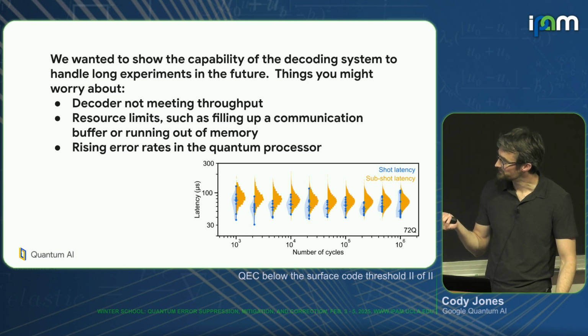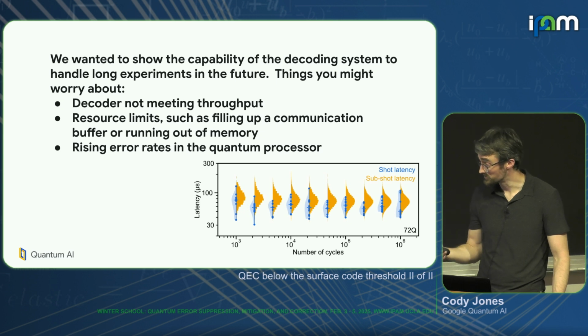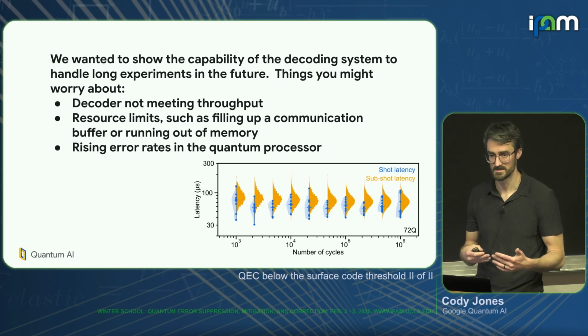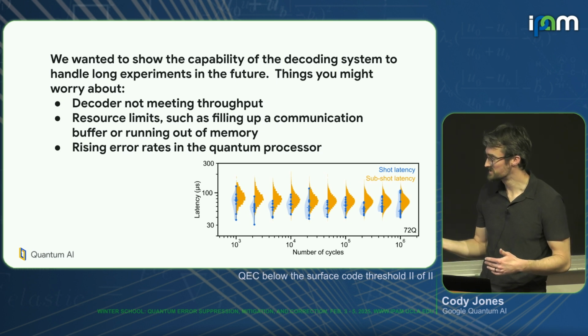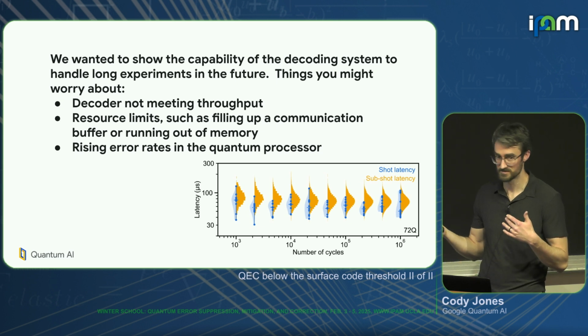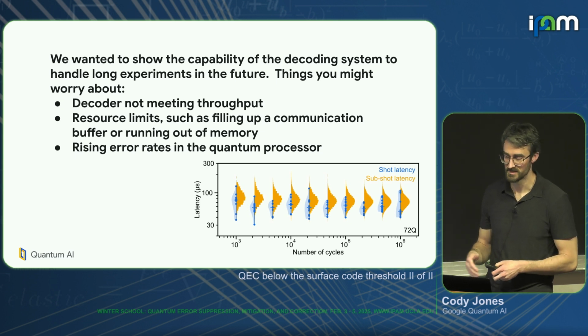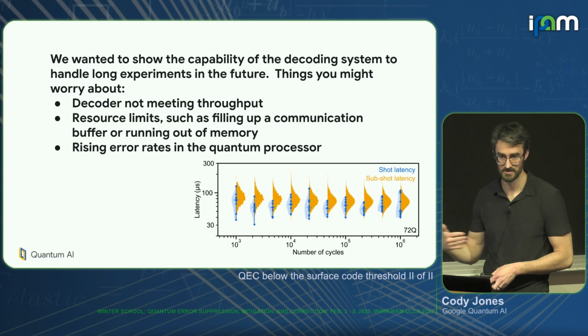Things you might worry about: the decoder not meeting throughput. That means the decoder is running slower, and if you ran a short experiment, the fact that it's a little behind isn't obvious. You have to keep increasing the number of cycles to stress the decoder and show that it really is always streaming information through.